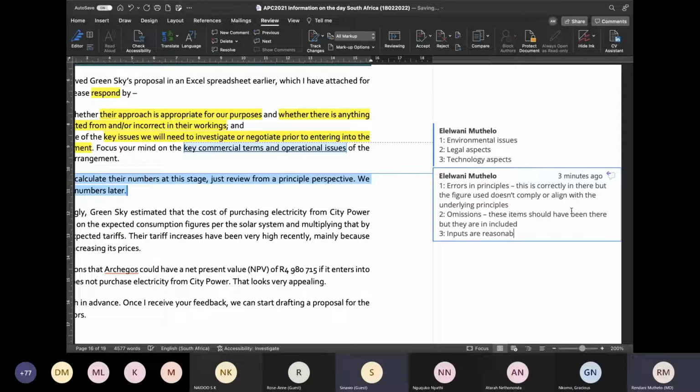So this is the reasonability of the inputs. Here you are saying that the amounts have been correctly included from a technical perspective. However, given the context, they are not believable.